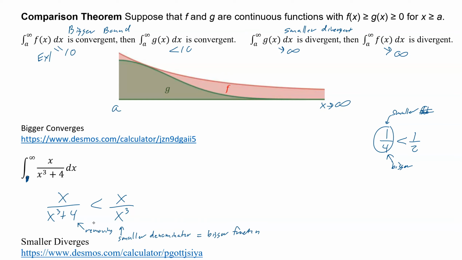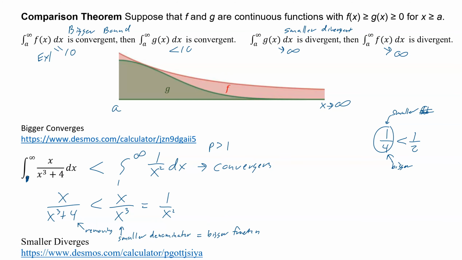Now you can just simplify it and you get 1 over x squared. Well, that's something we like. So we know that this has to be less than the integral from 1 to infinity of 1 over x squared dx, and we already know that converges because our p-value is greater than 1. That's from video C. So because this converges, this has to converge.